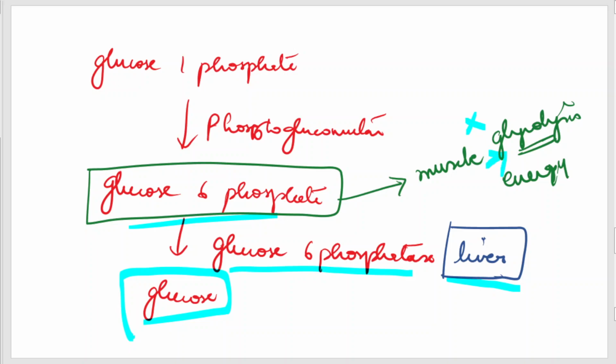In muscle, this glucose 6 phosphatase is not present, so it can enter directly into further steps of glycolysis. Since the first step, the hexokinase glucokinase step, is bypassed, one ATP is extra for us. So when muscle glycogen releases glucose and that enters glycolysis, we get an extra 1 ATP than the normal glycolysis from free glucose.